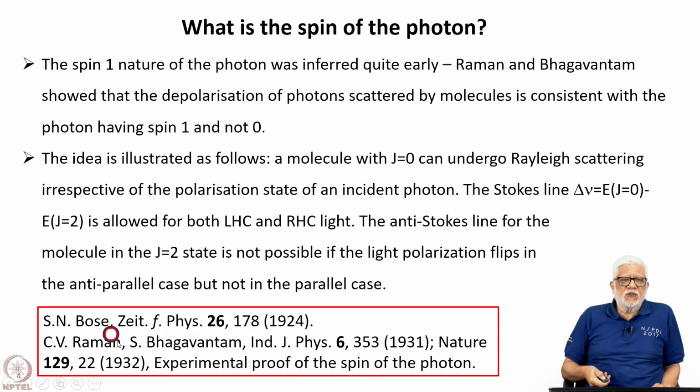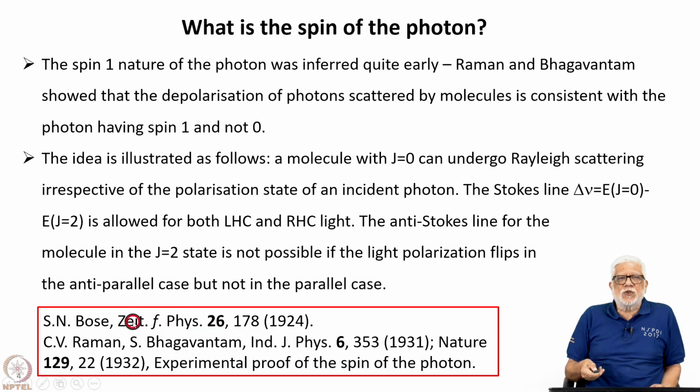Of course, Bose had assumed that the spin is 1 when he used his statistics to give a much simpler derivation of the Planck formula for the radiation spectrum of a black body. And in a private communication, as Raman and Bhagwantam report, he even believed that the projection of the spin can either be along the momentum or anti-parallel to the momentum.